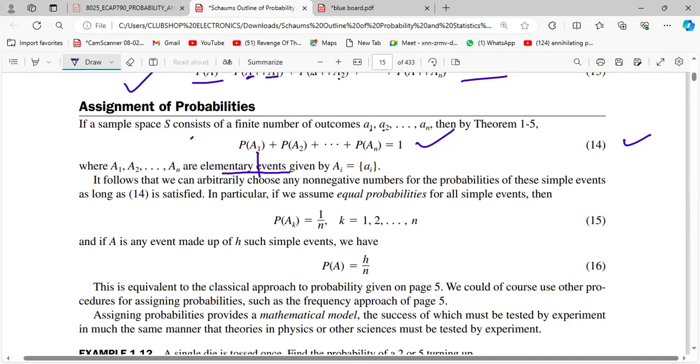So where you have A1, A2 up to AN, the elementary events are single events, or single points. Then AI means it can take as many points of A as you can.